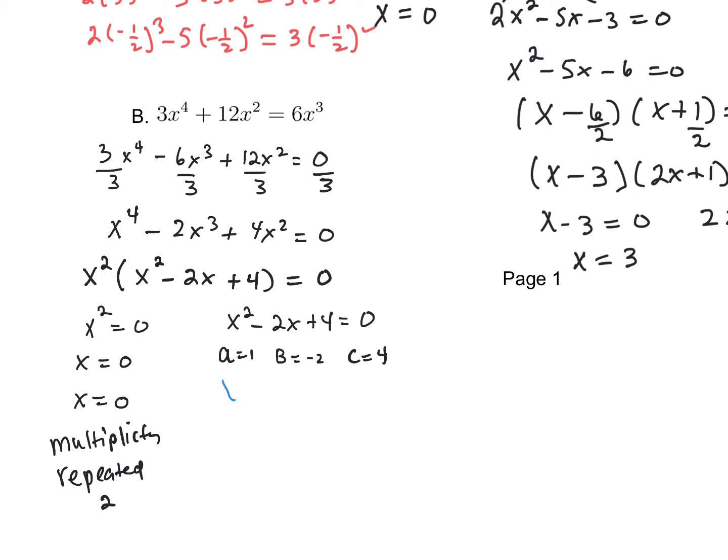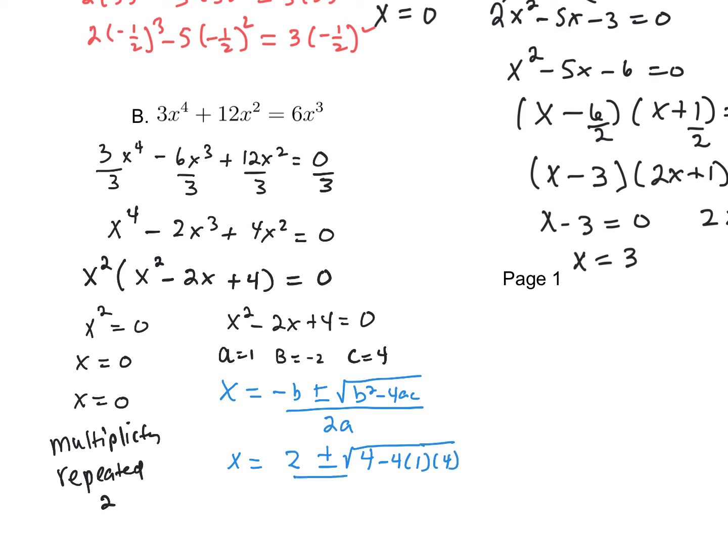So we have x equals negative b plus or minus the square root of b squared minus 4ac, divided by 2a. Of course, I'm using substitution. It's going to be 2 plus or minus the square root of 4 minus 4 times a, which is 1, times c, which is 4, divided by 2.